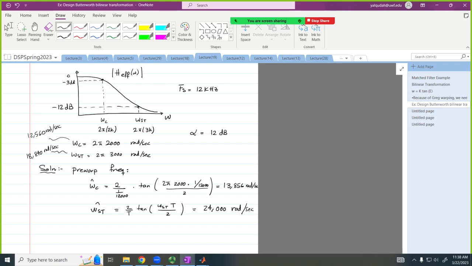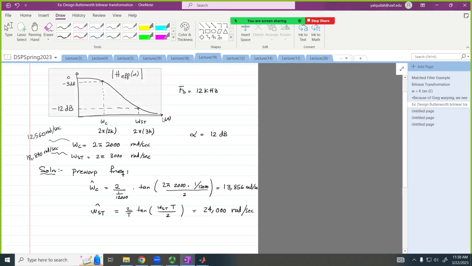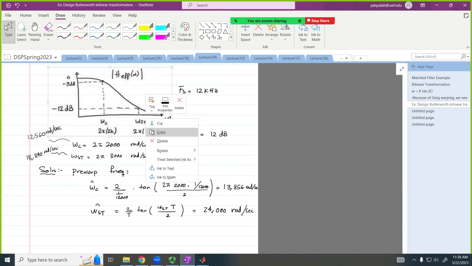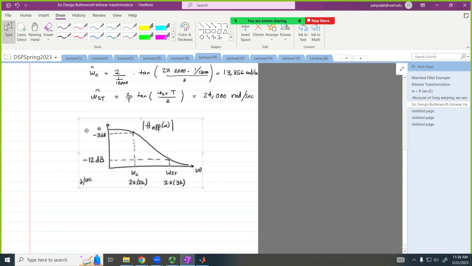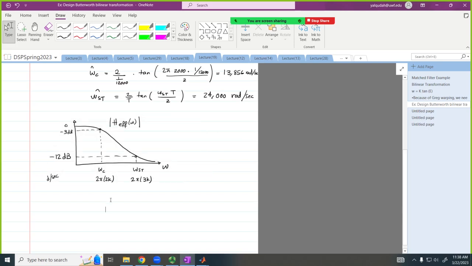Together? Everybody? So what we have here is the original filter that we're trying to design. And instead, we're going to be designing a filter such that omega c is going to equal 13,856 and omega stop is going to equal 24,000.